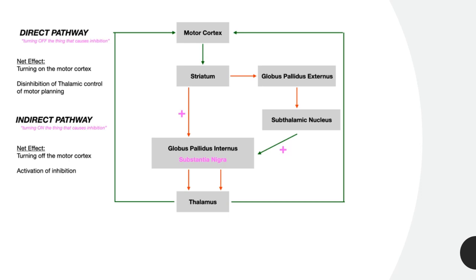So as you can see, the reason that the direct pathway causes activation of motor planning and the reason that the indirect pathway causes inhibition of motor planning is totally dependent on whether you're turning on or turning off the substantia nigra. So the really key nuance in these pathways happens right here where those pink plus signs are.